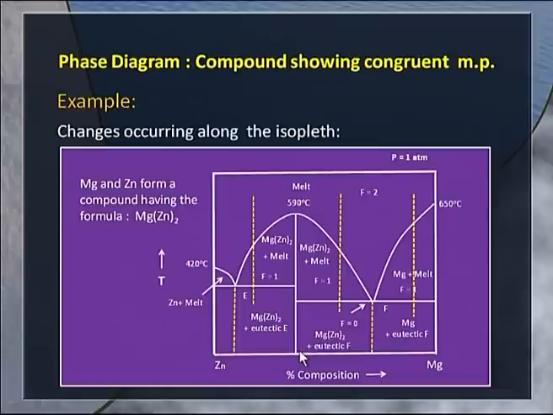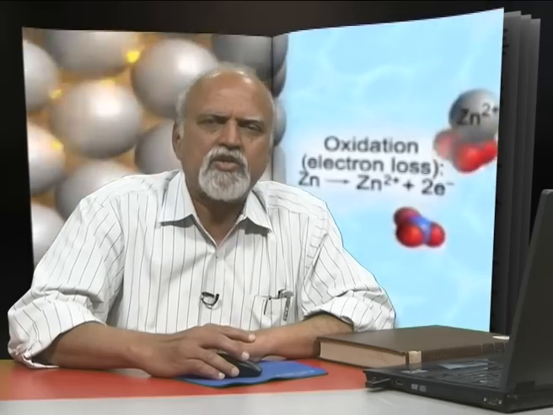Whereas, if you start with any composition slightly to the left or to the right of it and heat it, the moment you reach the line corresponding to the eutectic temperature, the liquid sets in, the melting starts slightly. Similarly, if you start with the composition on this side, again the melting begins at this point. The interpretation is not that easy. Is there a way out to make it slightly simpler?